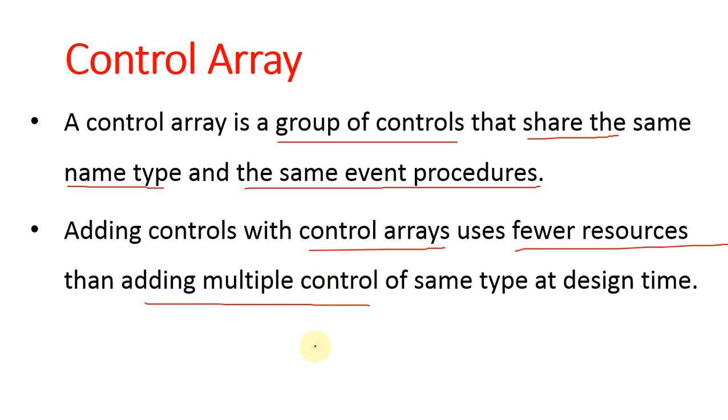Instead of that, if you use command 1, it is also command 1, and it is also command 1, and one more. All these are command 1, but the index value is 0, then 1 and 2. Then all these 3 or 4 command buttons will use only one event procedure.